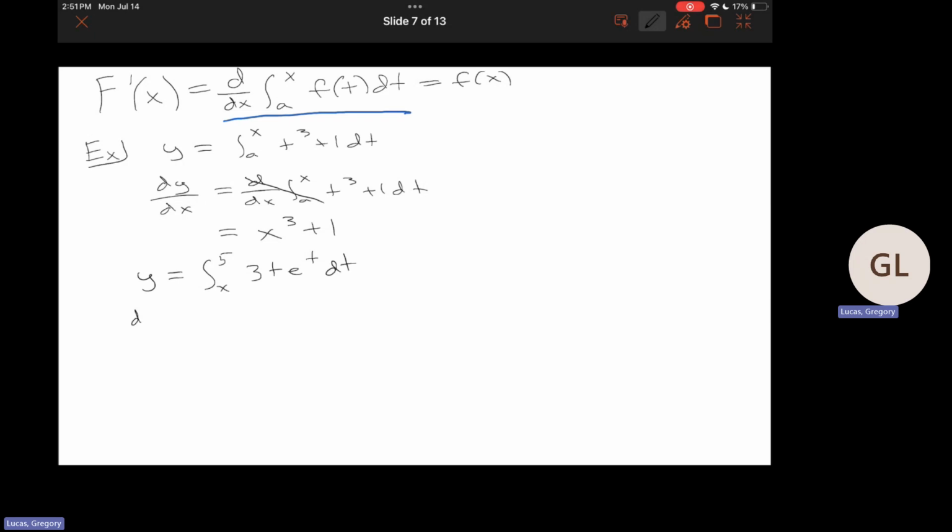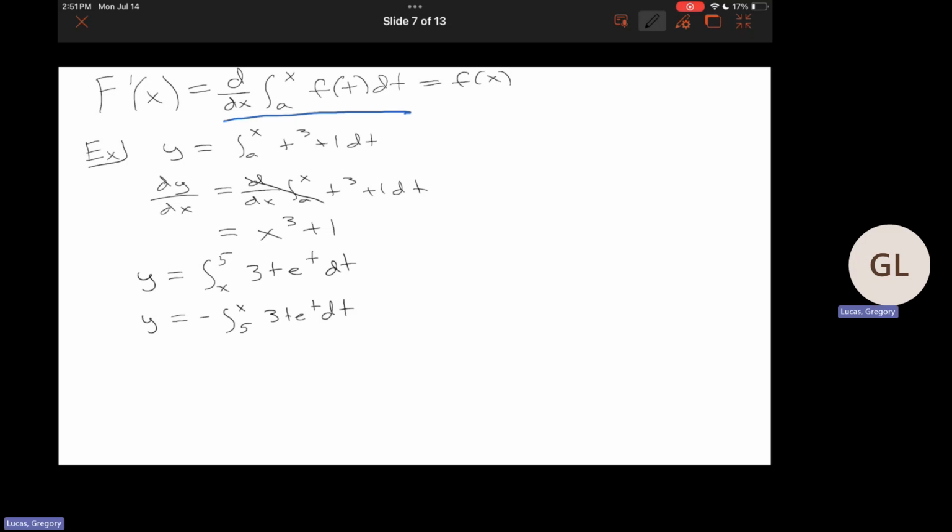And we want to find dy dx, but first, we don't have it in the form that we want. We have x at the bottom instead of the top limit. So remember, if we want to flip limits, all I have to do is multiply by a negative. So that would put the x on the top, 5 on the bottom.